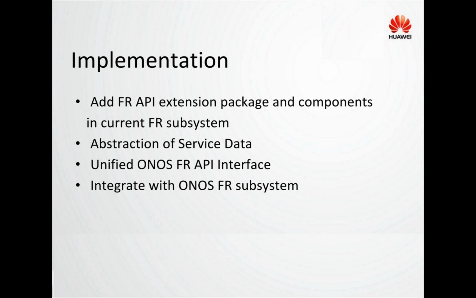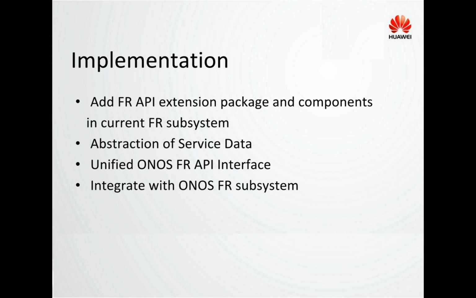And also we try to integrate our subsystem with the ONOS flow rule subsystem. Currently, we just use a routing mechanism in our subsystem. That routing mechanism can handle the data from the application, distribute it to the different ONOS instances, and push it to the device.